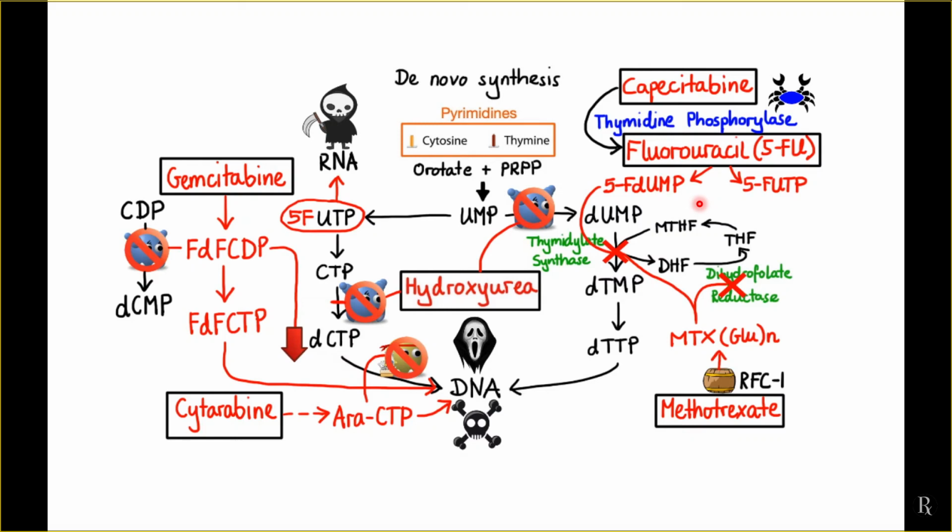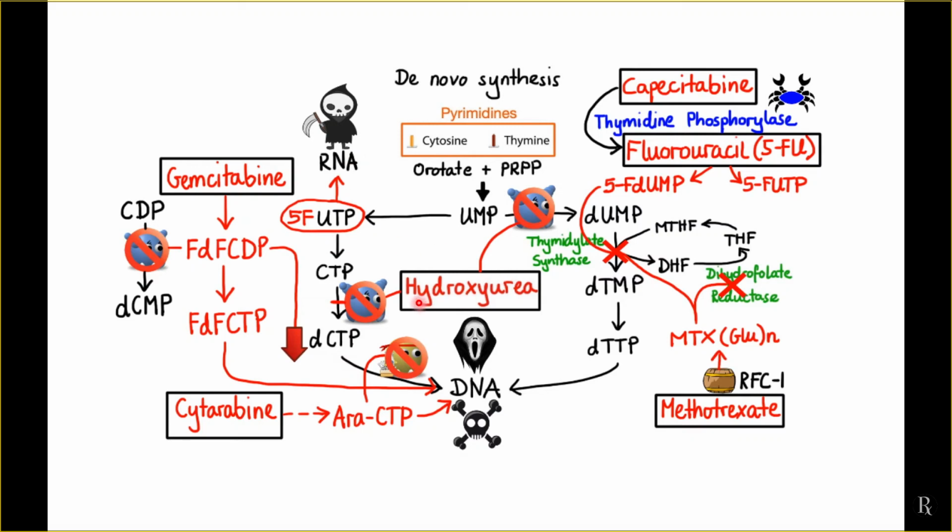This will have two effects. They will block the thymidylate synthase enzyme that is required to produce the deoxy-TMP, and they also will replace the UTP. So instead of the UTP, RNA will be synthesized from the 5-fluoro-UTP that will lead to non-working RNA.